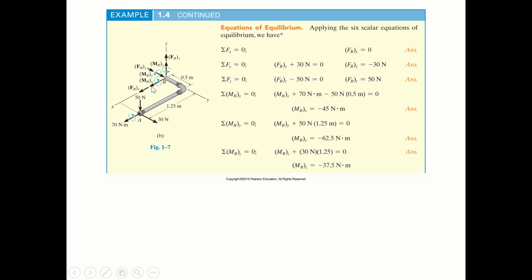You have to use the three-dimensional force balance and moment balance, but I think you could solve it very easily since you have passed statics. So you use the force balance and the moment balance, and you could calculate directly.